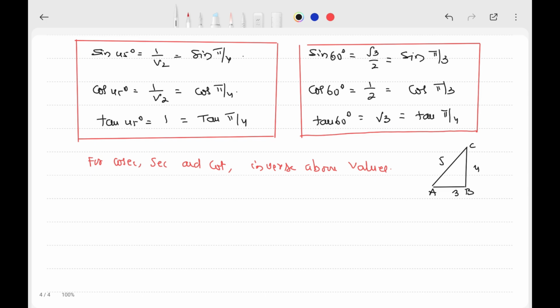Then this is theta. What is that? AC square is equal to, Pythagoras theorem: hypotenuse square, AC square is equal to AB square plus BC square. This is Pythagoras theorem.